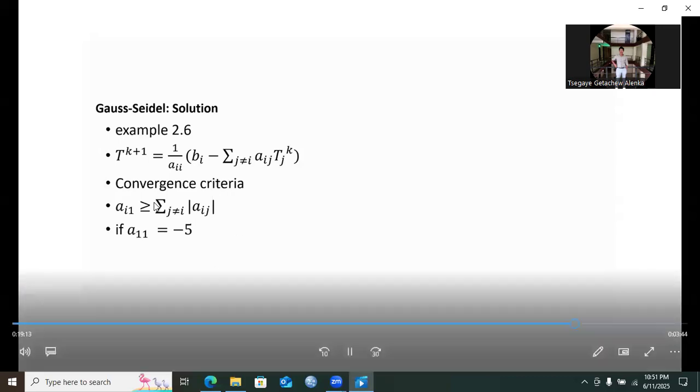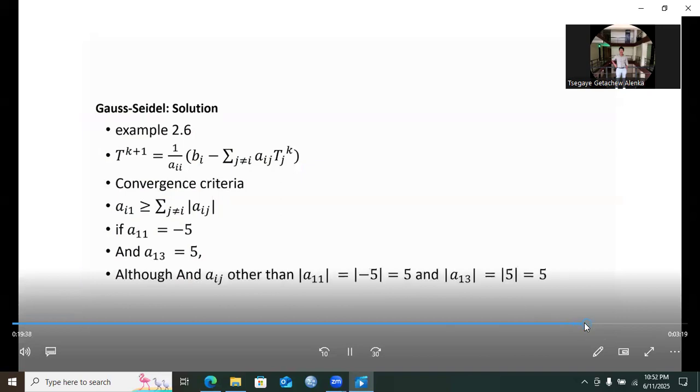Since the absolute values of both -5 and +5 are equal, you can't arrive at a diagonally dominant matrix. In this case, look for other methods to solve.